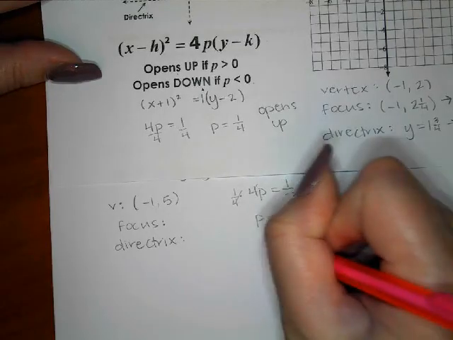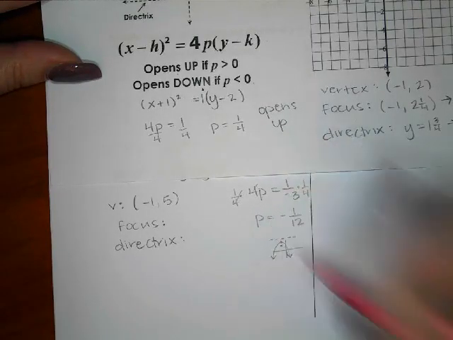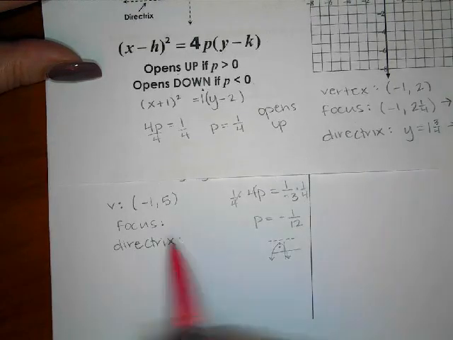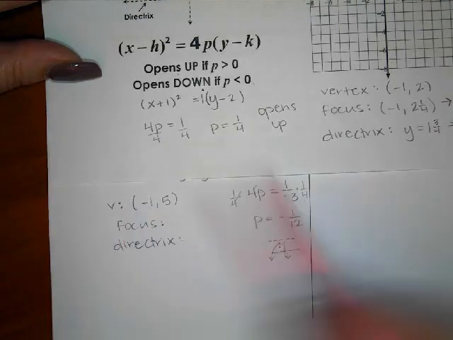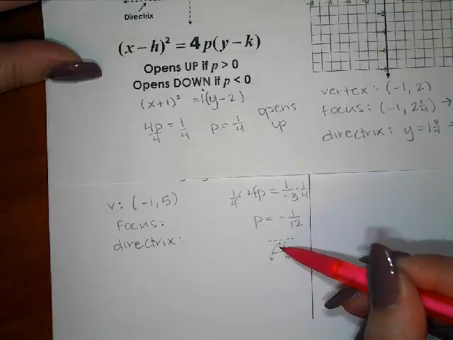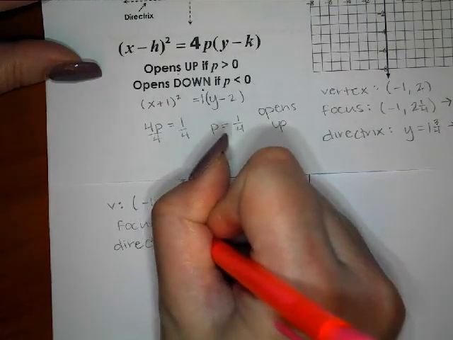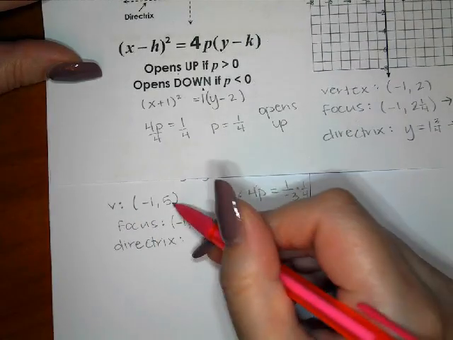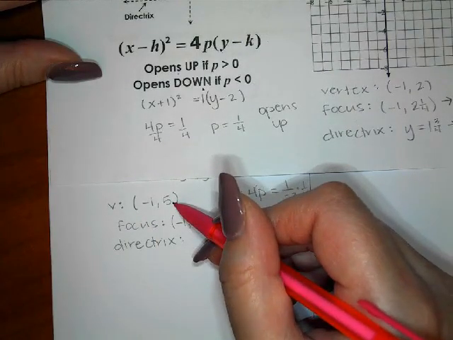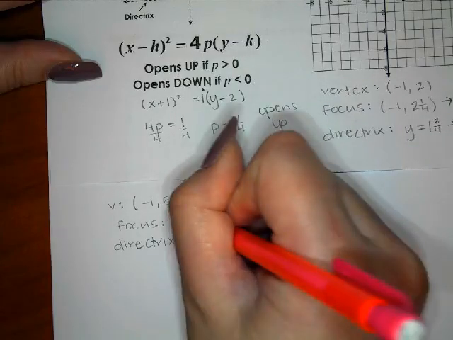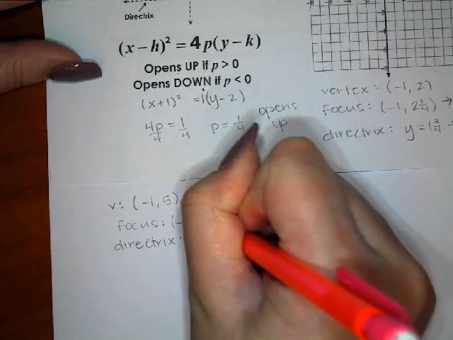For my vertex, I need to go down 1/12 to find the focus. So -1, 5, if I go down 1/12, that would be 4 and 11/12. I need to go up 1/12 for the directrix.